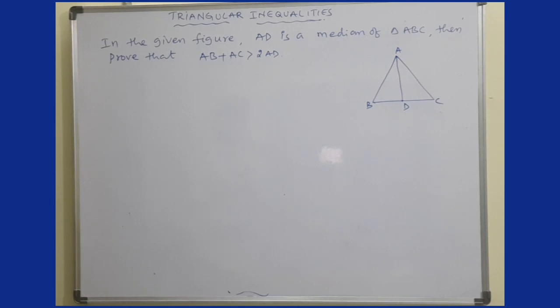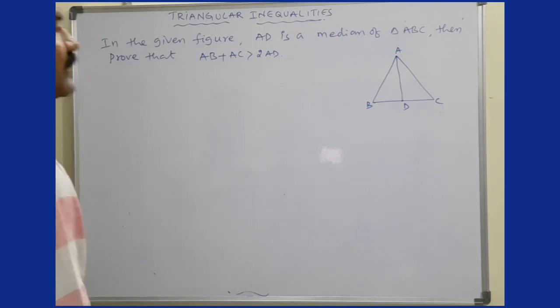So look at this question. In the given figure, AD is a median of triangle ABC. Then prove that AB plus AC is greater than 2AD. So median. What is meant by median?